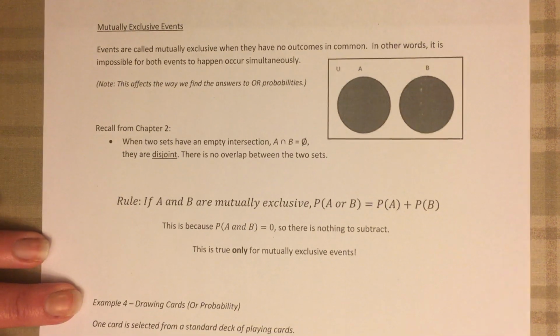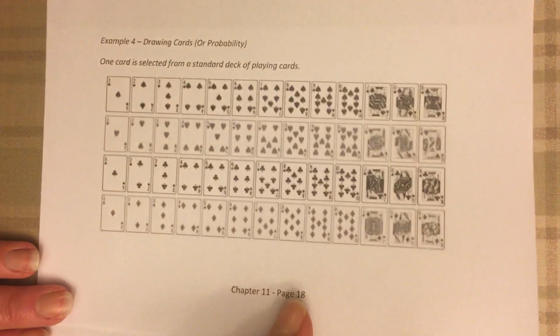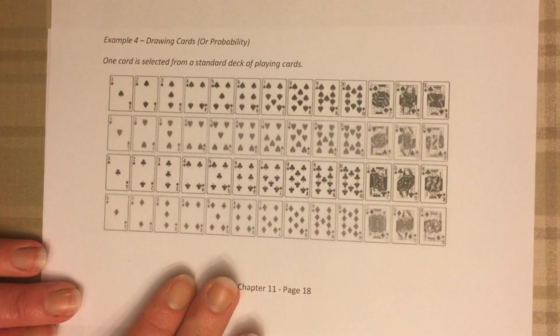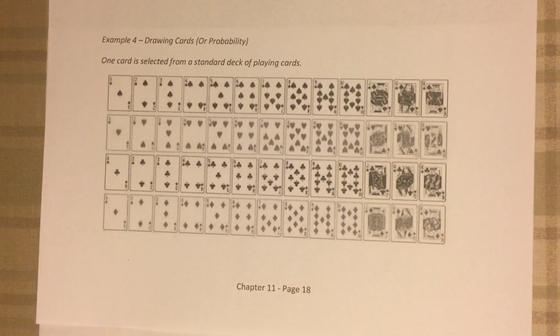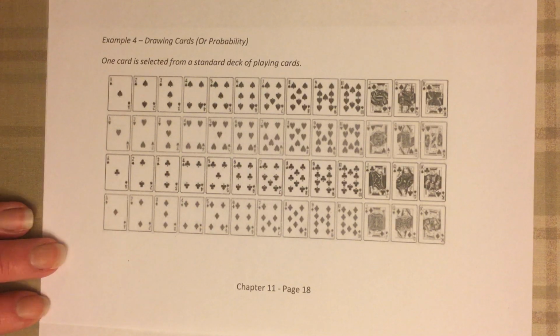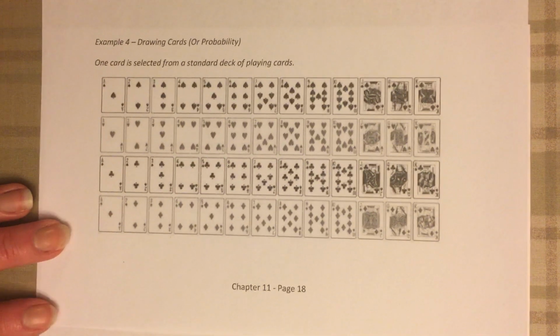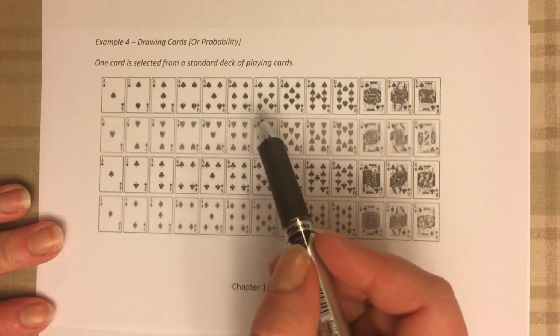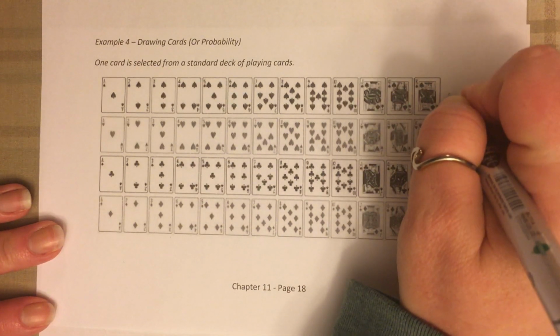Again, mutually exclusive events, we're thinking about events that are disjoint. Down at the bottom here, we have our nice picture of our deck of playing cards that we're going to use as we're going through our problems. It's a little hard to see because this is not printed in color, but our first row up top, these are our spades, our black cards.